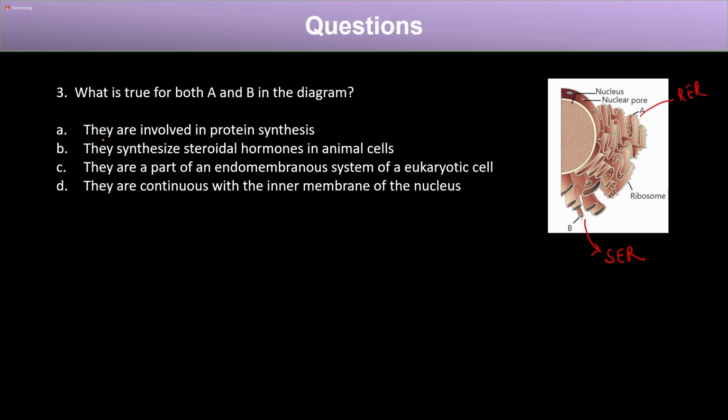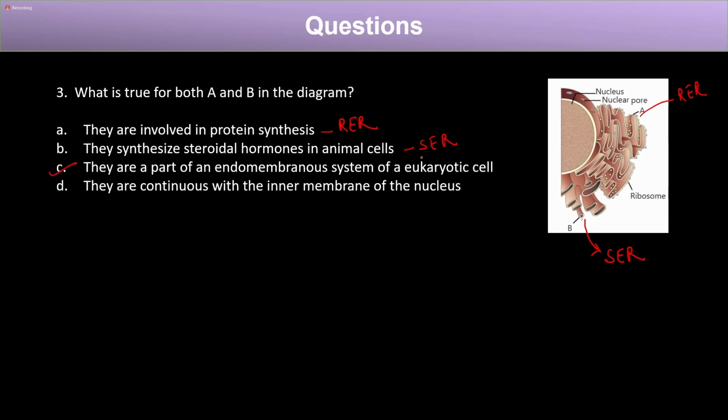The first option is they are involved in protein synthesis. No, only the rough endoplasmic reticulum is involved in protein synthesis. The second option is they synthesize steroidal hormones in animal cells. The steroidal hormones are synthesized by SER. The third option is they are a part of the endomembranous system of a eukaryotic cell.